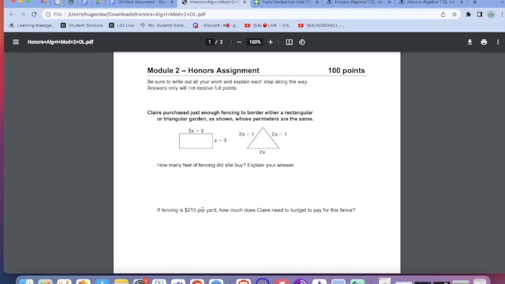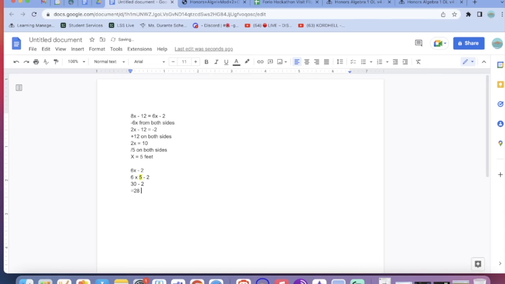Now, if fencing is $210 per yard, it's a bit pricey, how much does Claire need to budget to pay for this fence? Since this is 28 feet, and there are 3 feet in a yard, we have to take 28 and divide it by 3 to get the number of yards, y.